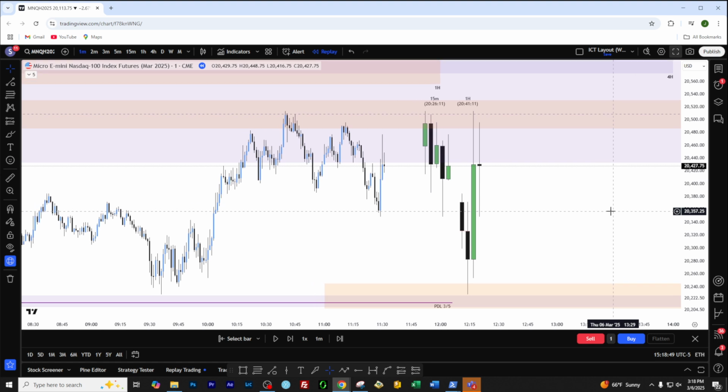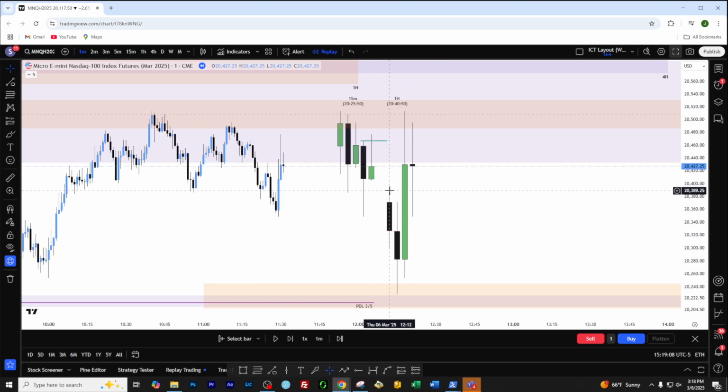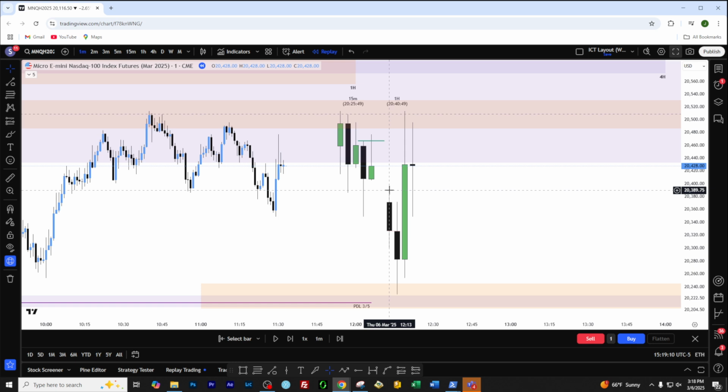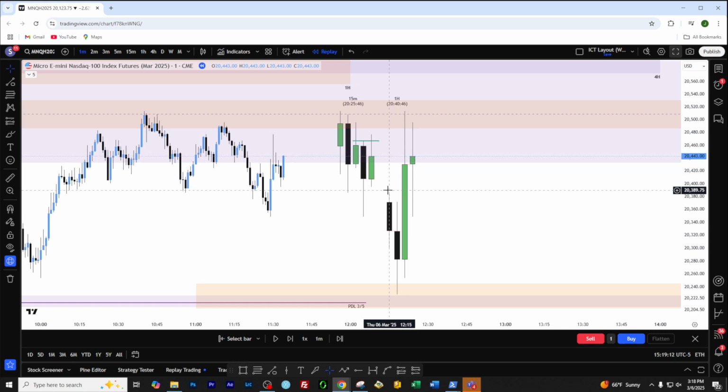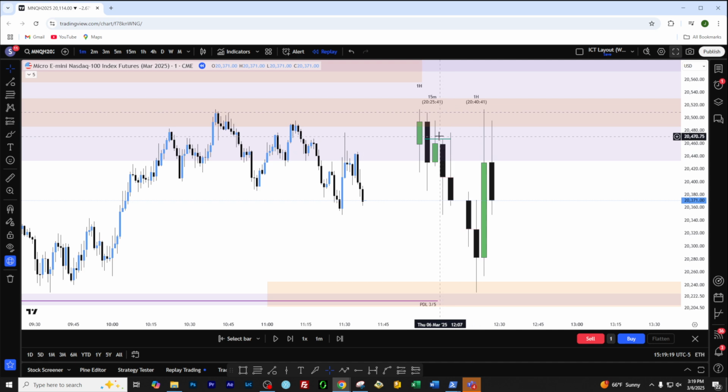If you look right here, this is what grabbed my eye: we've got a swing that happened here. This candle came up, took out the previous candle, and then it came down and dropped. When it comes down this far, that is ideal. And then of course it keeps going from there.